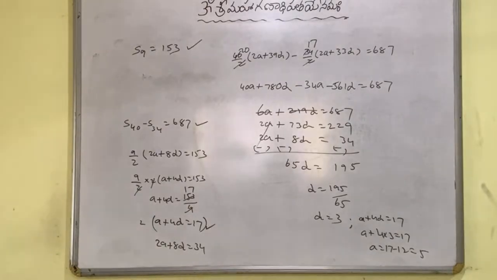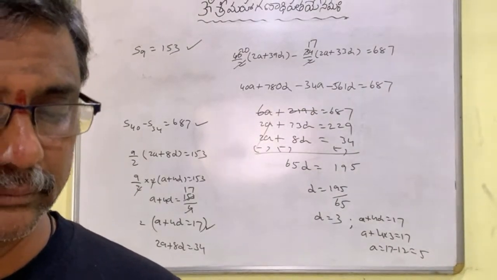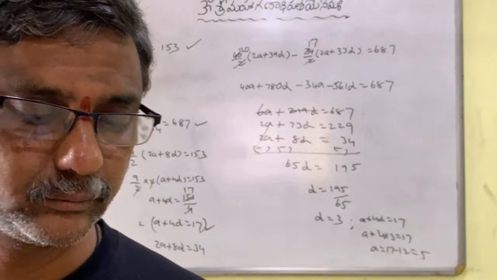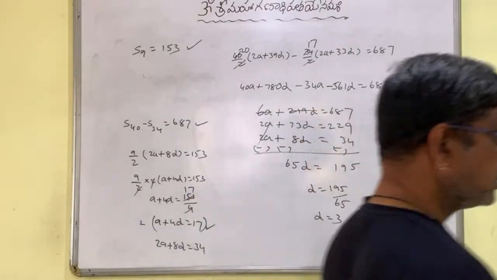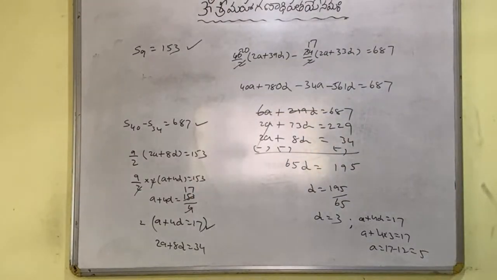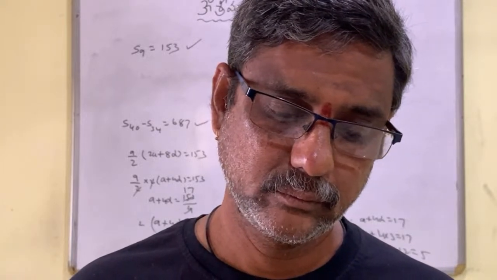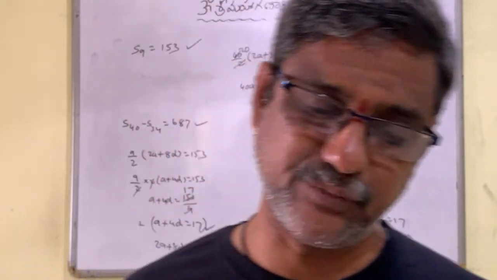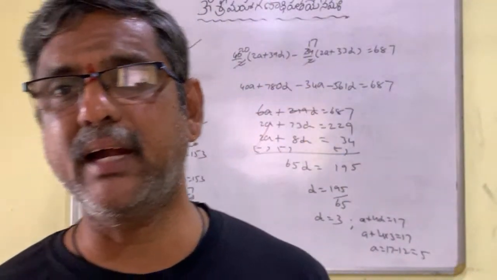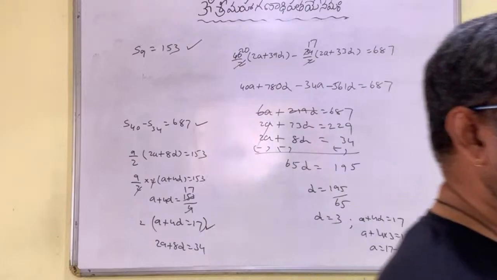A is 5, d is 3. And what is being asked to find out? Also find the sum of all the terms of the AP, which means S40. You have a, you have d, find out S40.